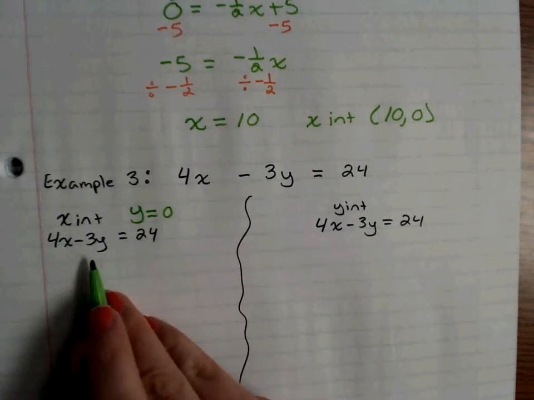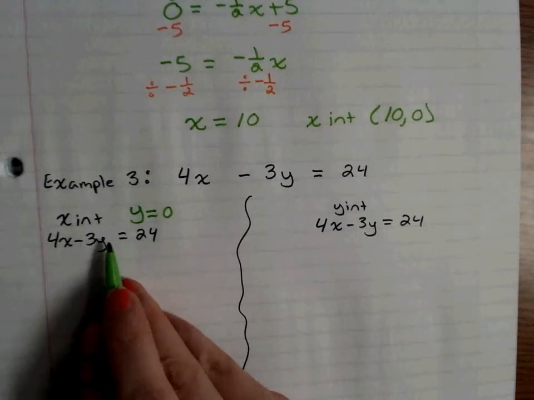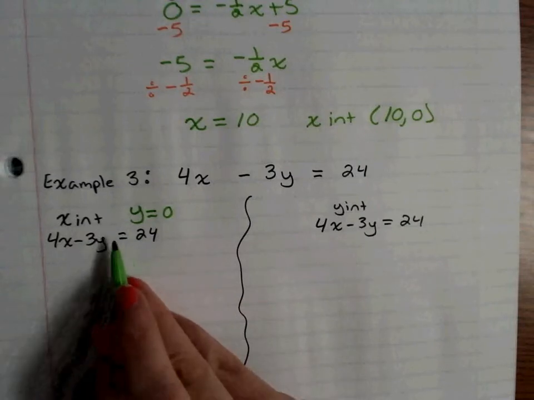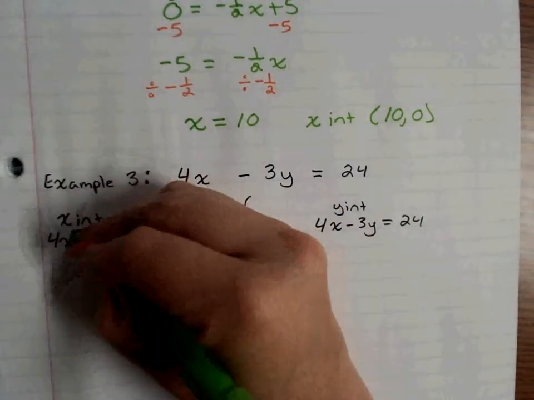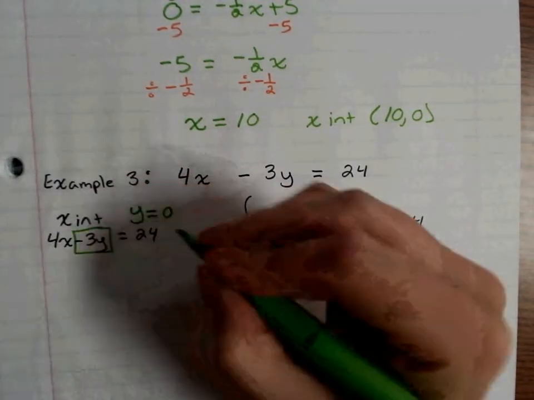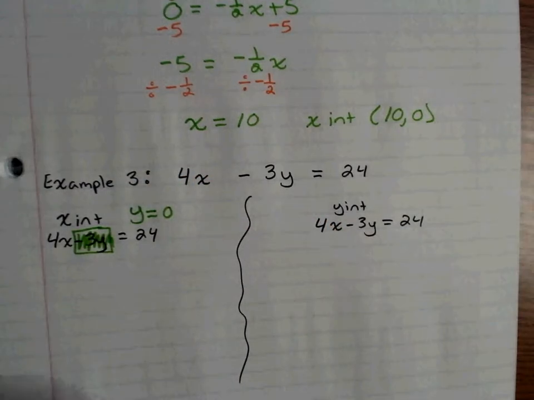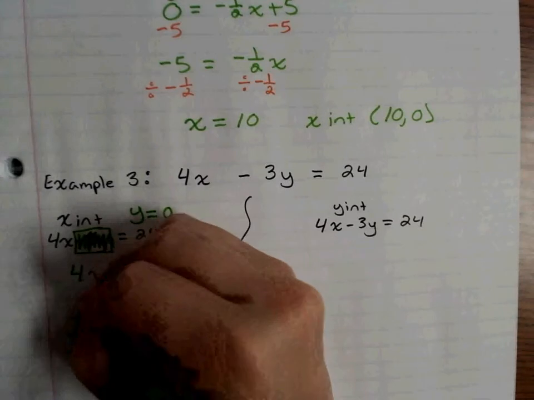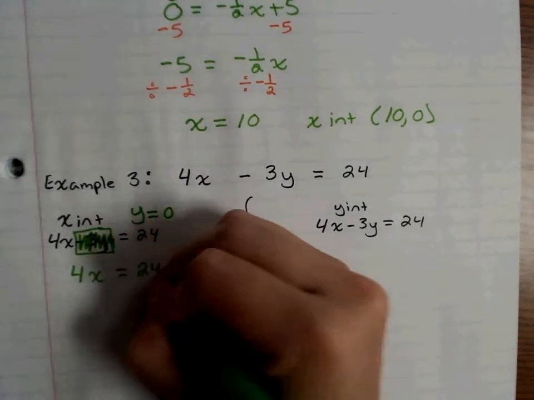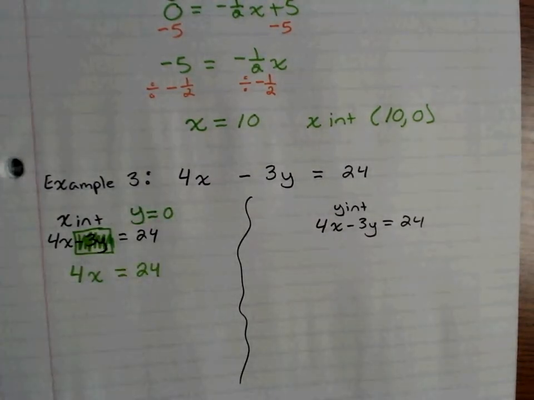It's going to become what? A 0, because a negative 3 times 0 is just 0, right? So it's like this minus 3y disappears. It's completely gone. So now I'm left with just 4x is equal to 24, and I solve.